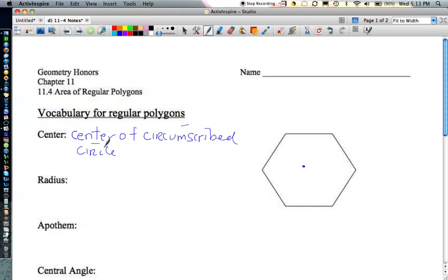The radius in a regular polygon is defined as the distance from the center to a vertex. So to draw a radius, we would start at the center and go to one of the vertices.